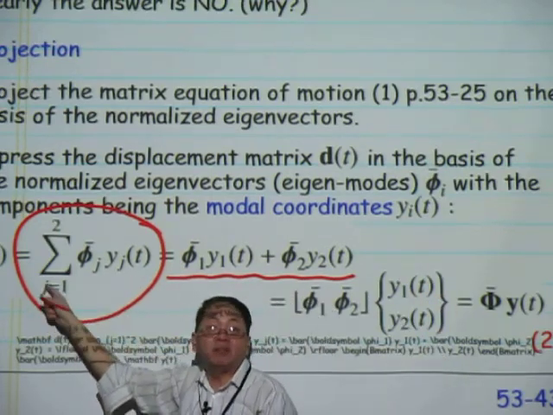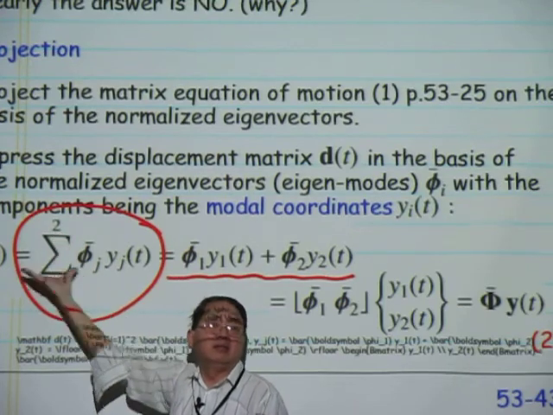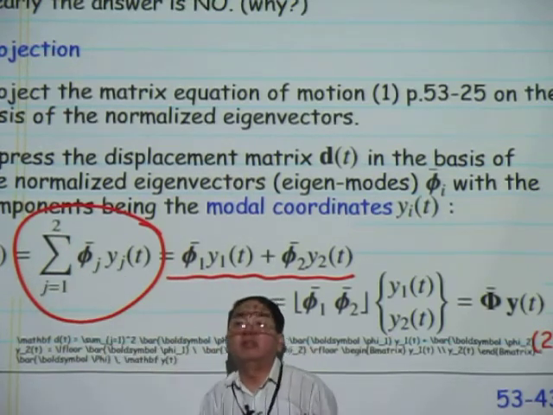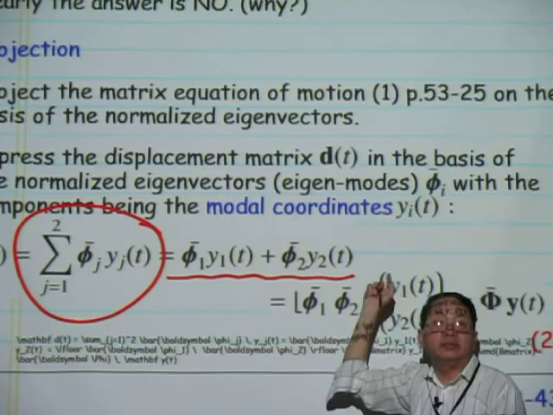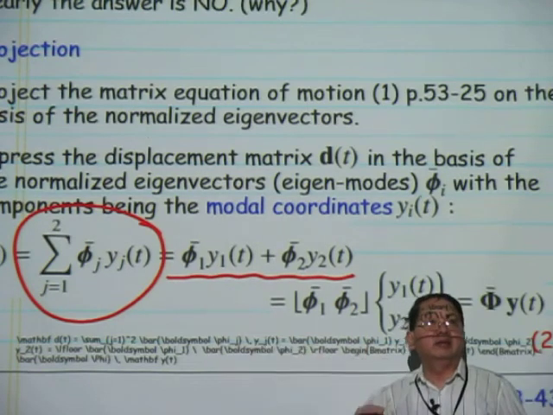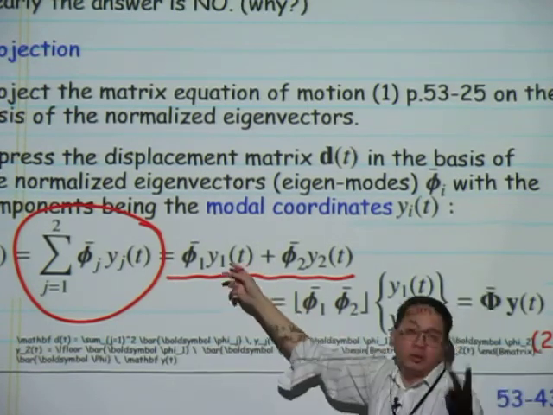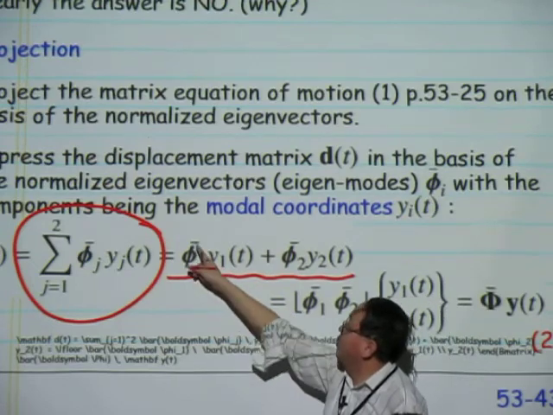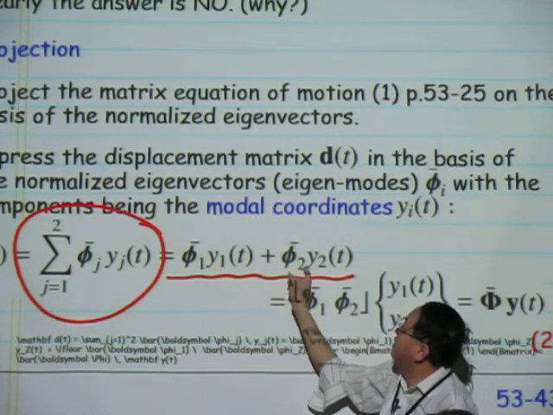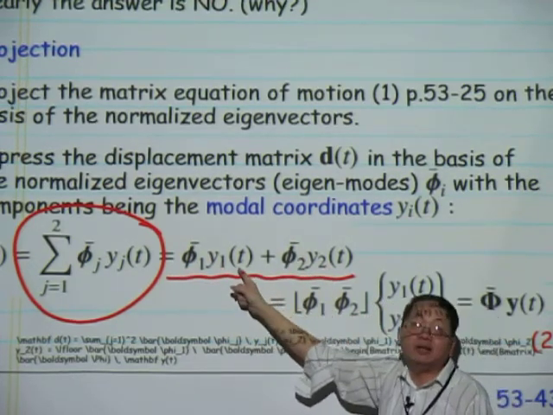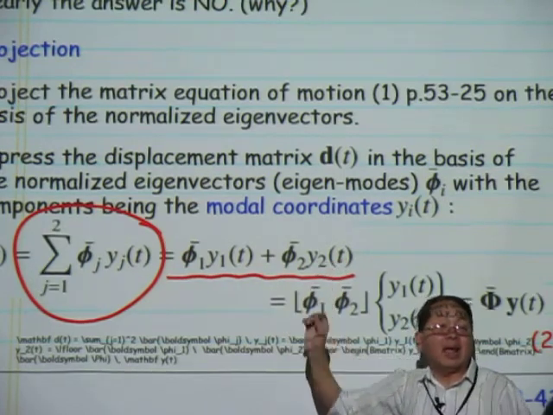Because then you can sum from 1 to 1 million in a short, compact formula. If you don't want to expand out with 1 million terms. Okay. So here with 2 terms, right? So you have phi1 bar, y1 plus phi2 bar, y2, and note that y1 and y2 are time dependent, right?